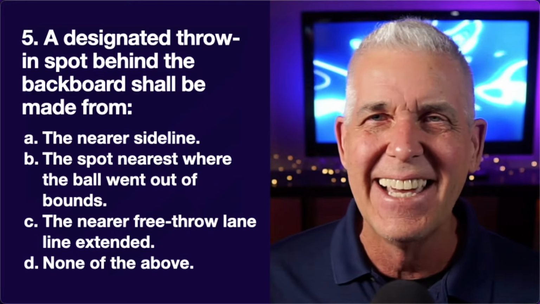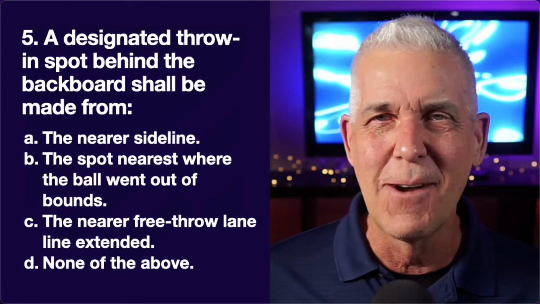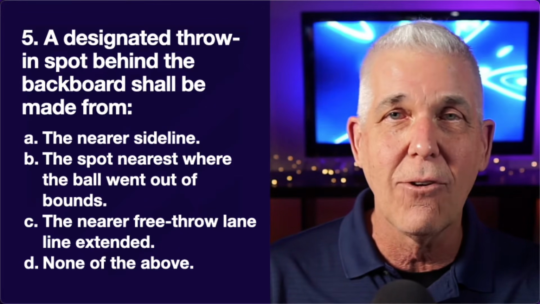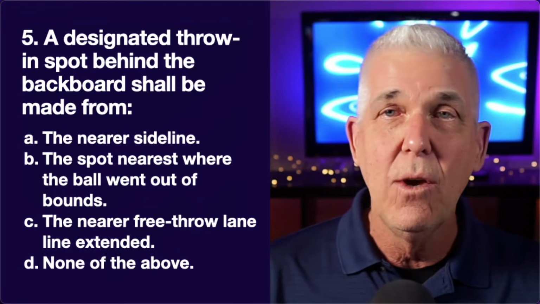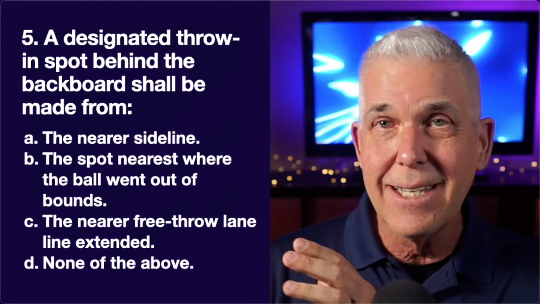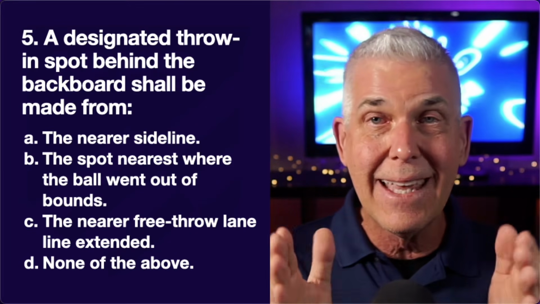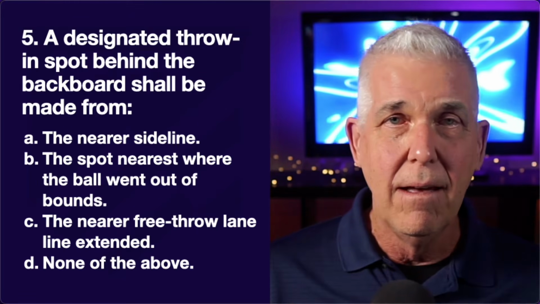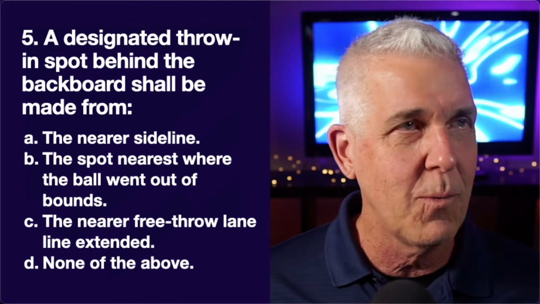And I will take a look in the chat to see if I'm correct. Now I'm going with a C, the spirit intent, the nearer free throw lane line extended. We don't want to administer a designated spot throw-in within the confines of the lane area extended. So that's the answer we're going with.